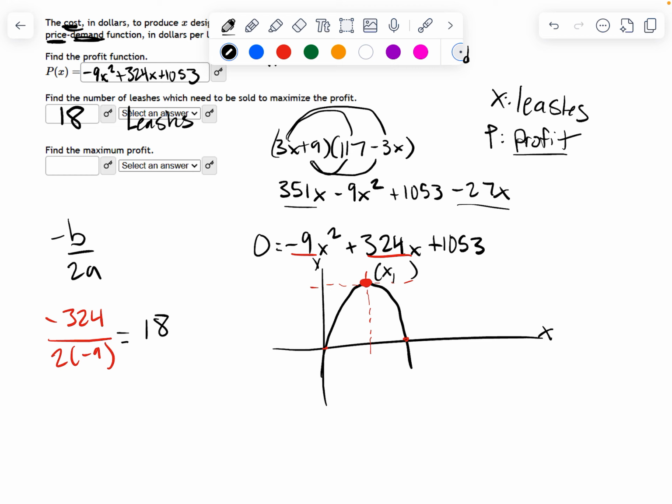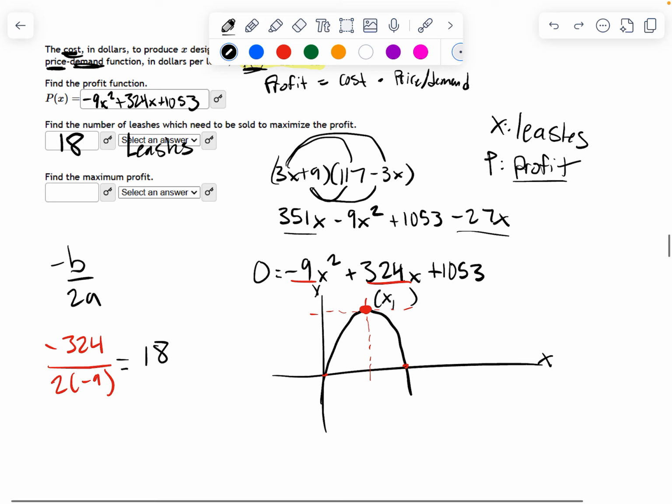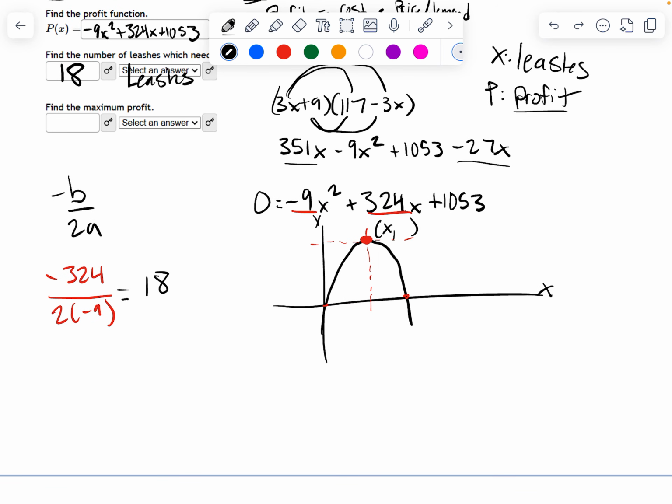Now, it wants us to find what the actual profit is. You're like, okay, I know I need 18 leashes, but how do I find what the profit will be? Well, that's why we have a profit function. X represents the amount of leashes, so all you need to do is plug in the x into our equation.